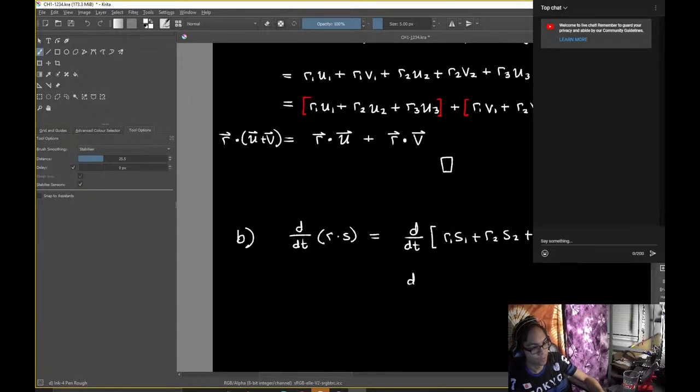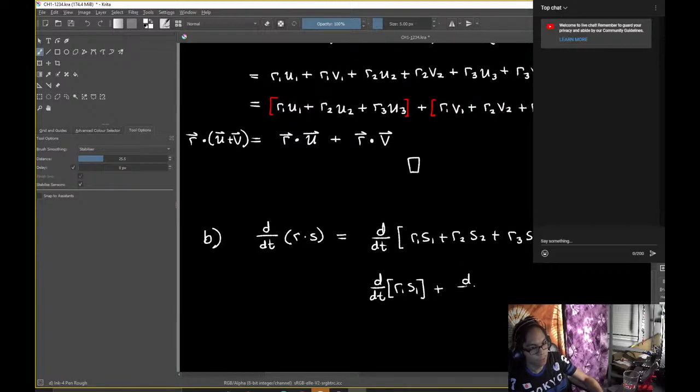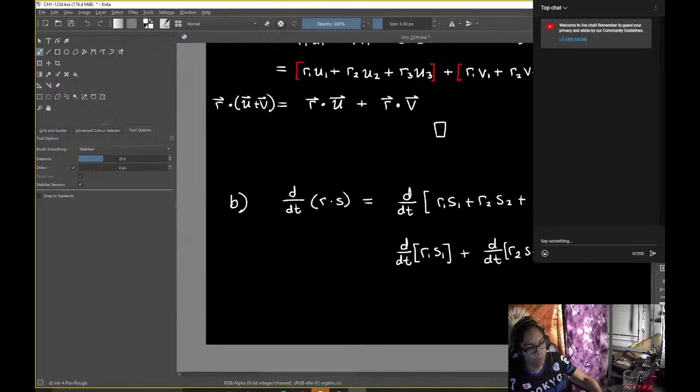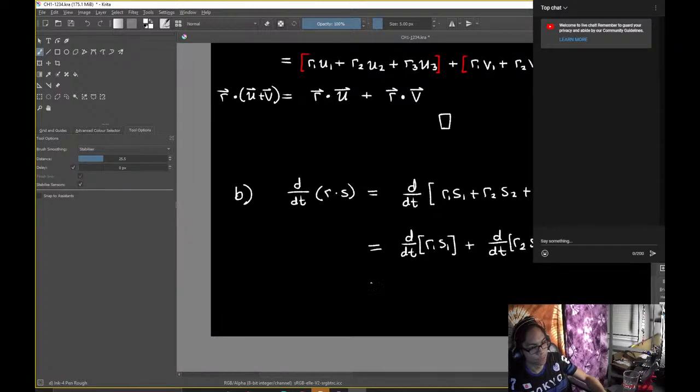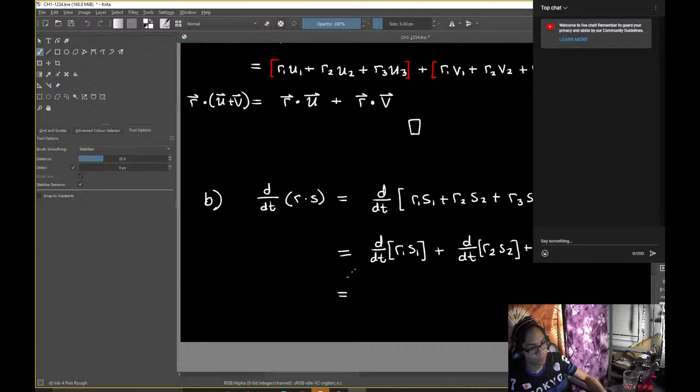So d/dt of r1 s1, keeping in mind these vectors are dependent on time, plus d/dt of r2 s2, plus d/dt of r3 s3. I'm running out of room. Now we could apply the product rule. There you go, the product rule over here.